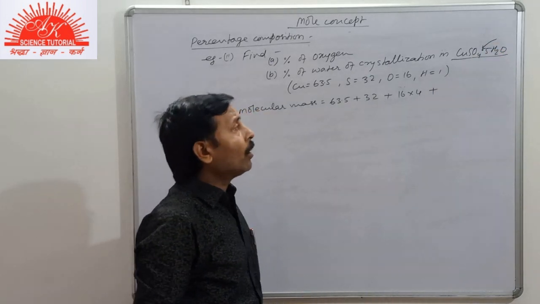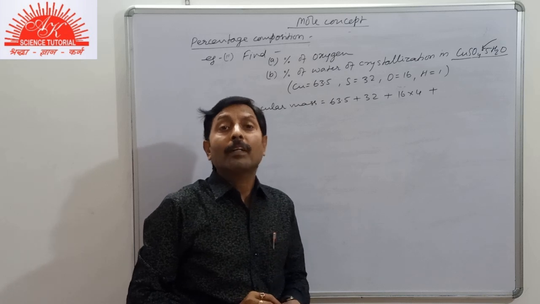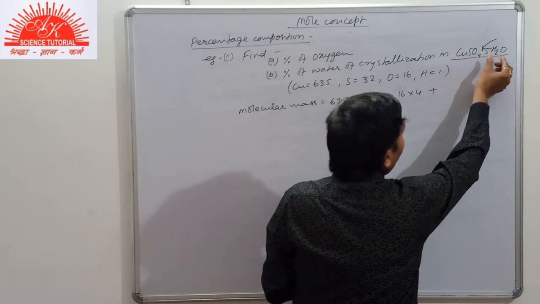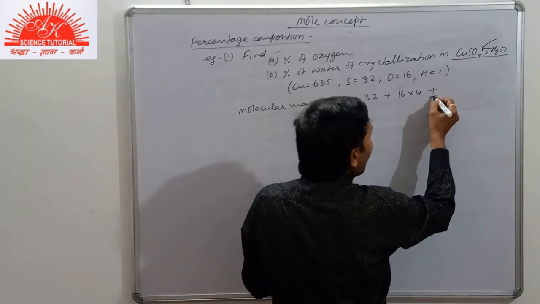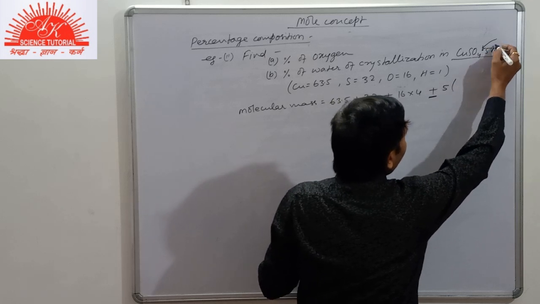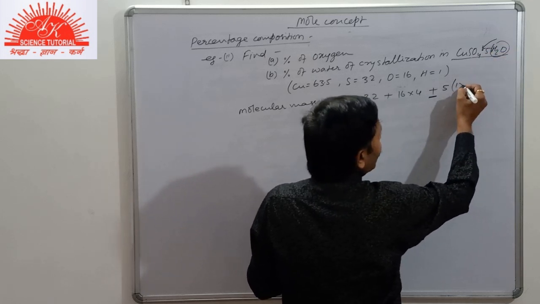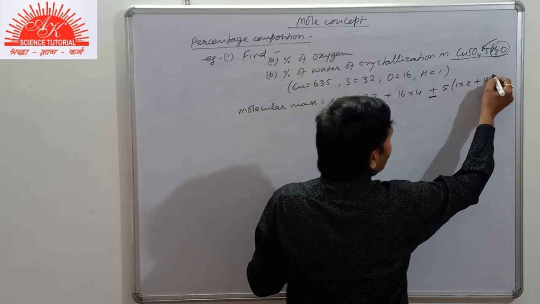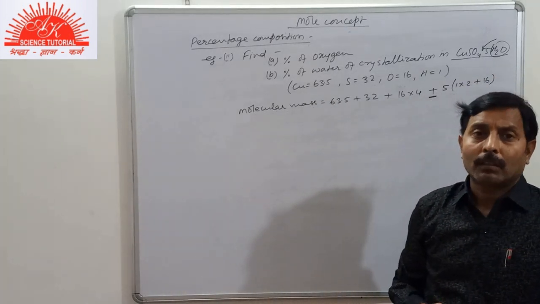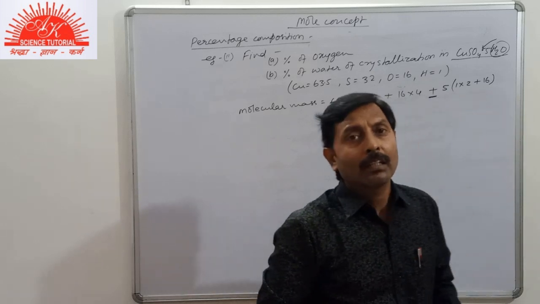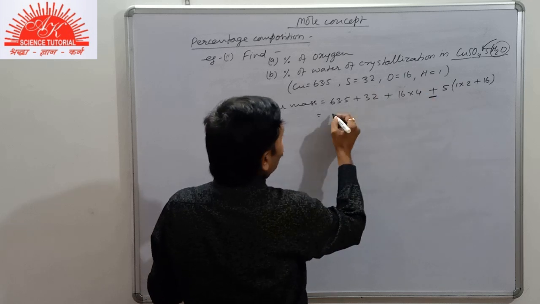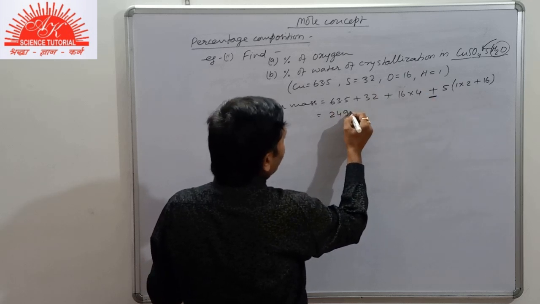Here the dot does not mean multiply. Dot means and, that is CuSO4 and 5H2O. So we will add 5 into 18 for total H2O, meaning it will be written in brackets. Sometimes a student uses 5 with hydrogen only and oxygen is written single. That will be incorrect. Now you will find it totally. It will be 249.5.